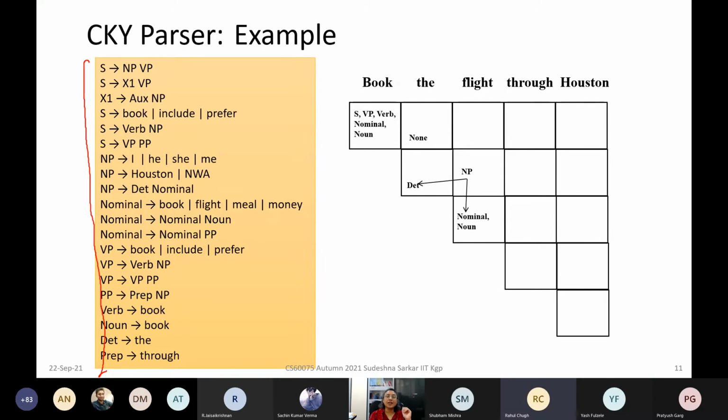So as I said, suppose there's a production, say S goes to W, Y, Z. I can now rewrite it as S goes to X1 Z and X1 goes to W Y. So by adding some additional non-terminals, I can convert any rule which has more than 2 symbols on the right hand side to rules which have no more than 2 symbols on the right hand side.